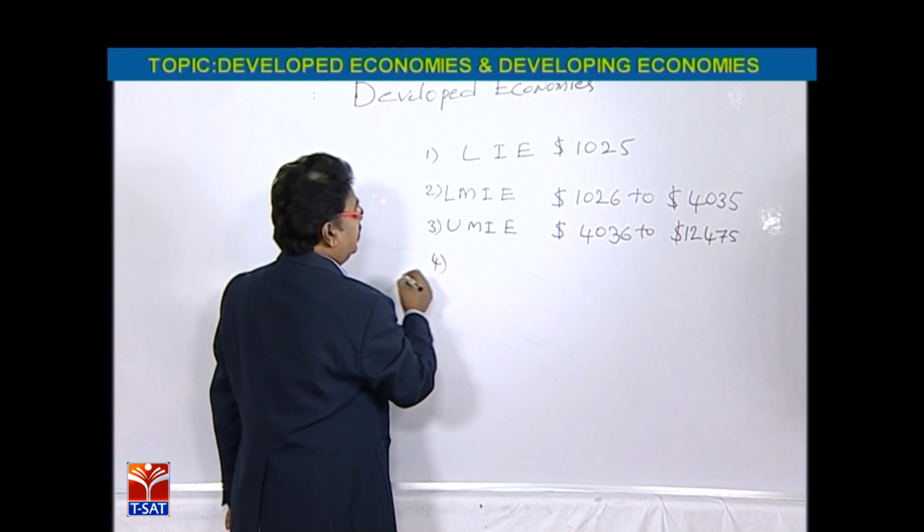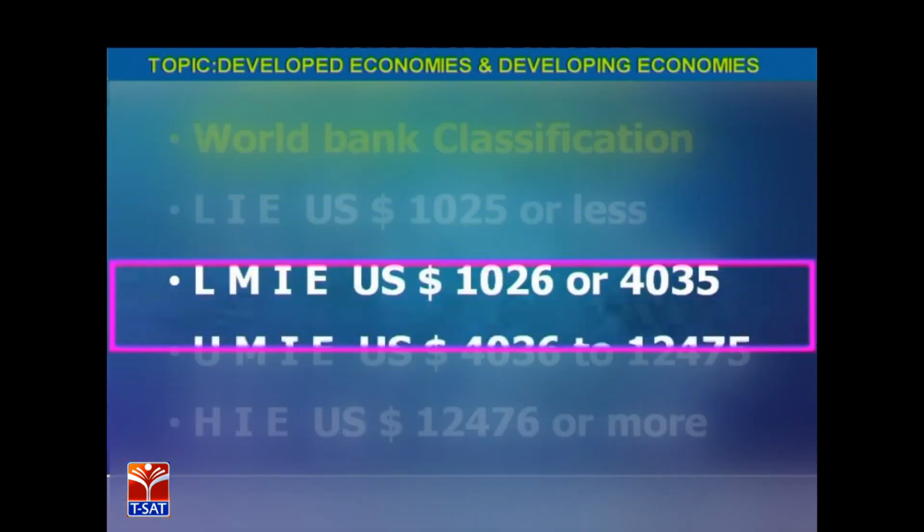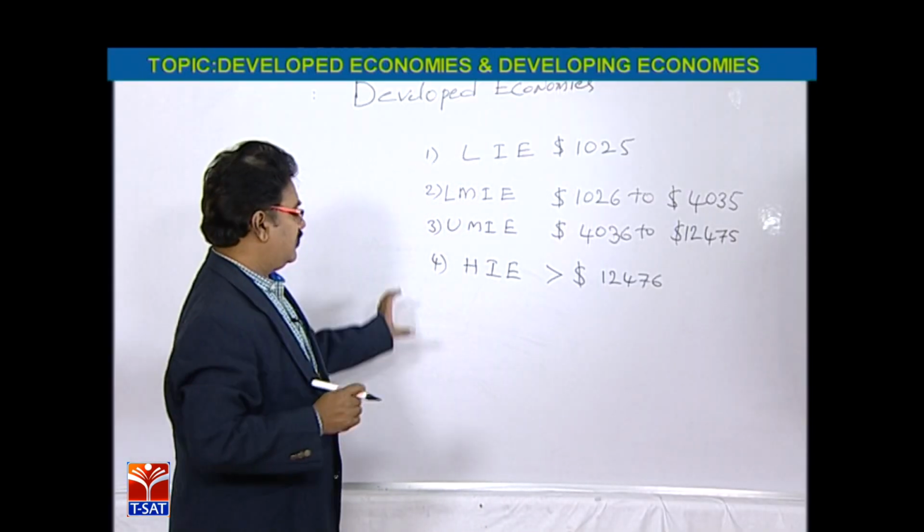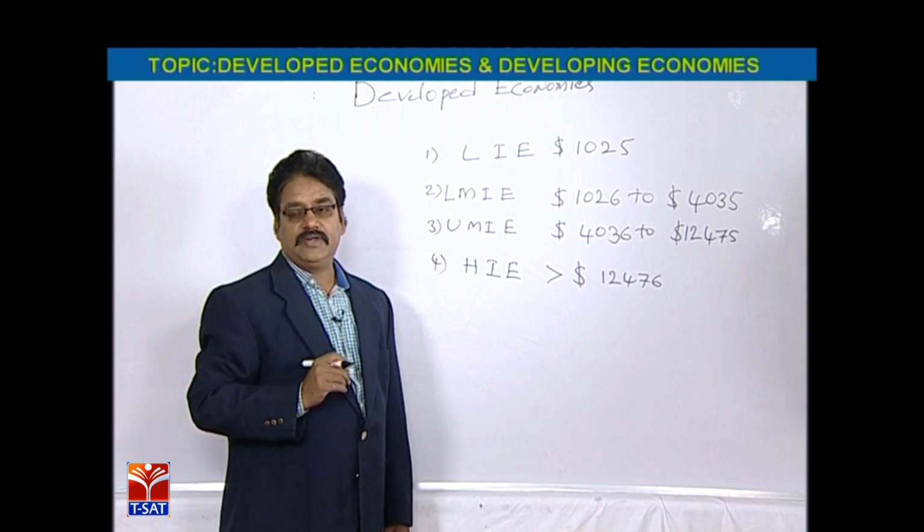The fourth category is high income economies; the countries having more than $12,476 are termed as high income countries.